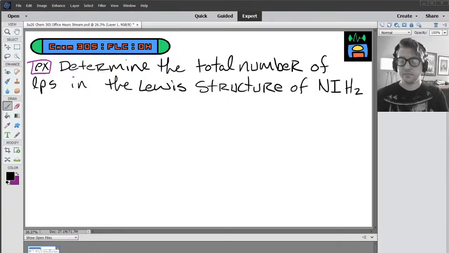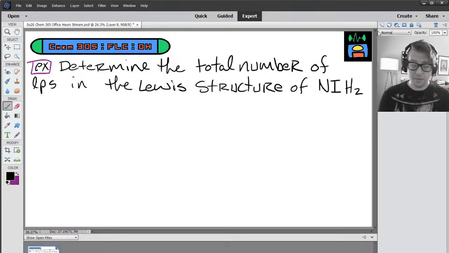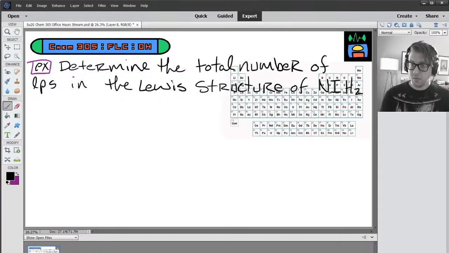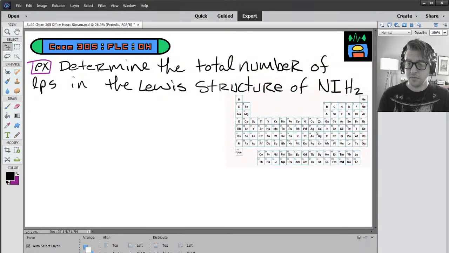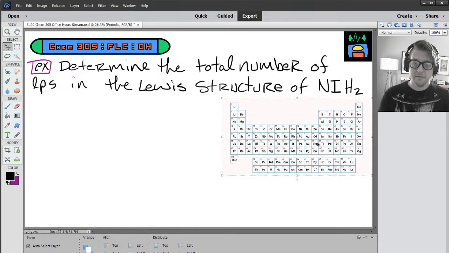Okay, so first we have to draw the Lewis structure, which means that we have to calculate our total number of electrons. We're going to do that using our periodic table, not obscured by text, of course.